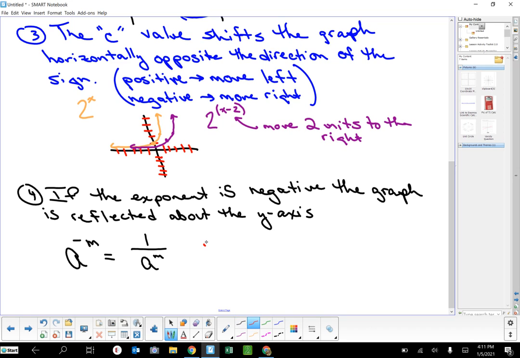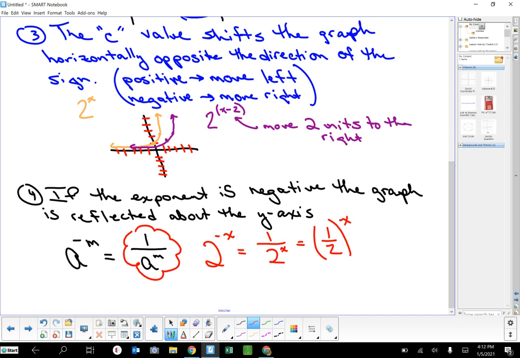If I have 2 to the negative x, and I apply this rule right here, it makes us have 1 over 2 to the positive x power, which is really this. You're taking this x and applying it to both of these, because 1 raised to any power is still 1, and you're raising the 2 to the x power.